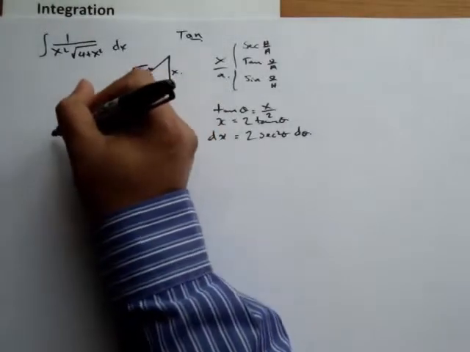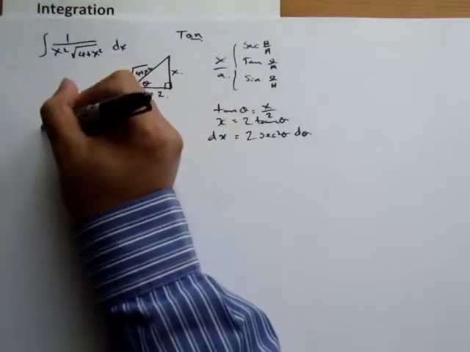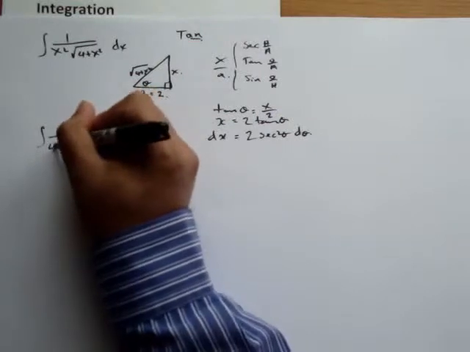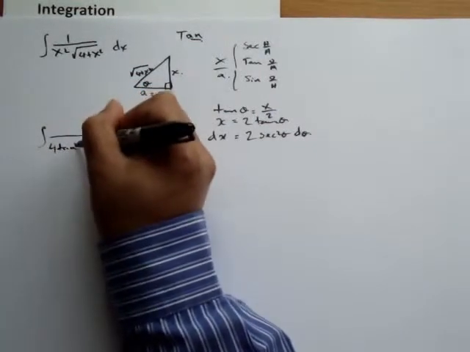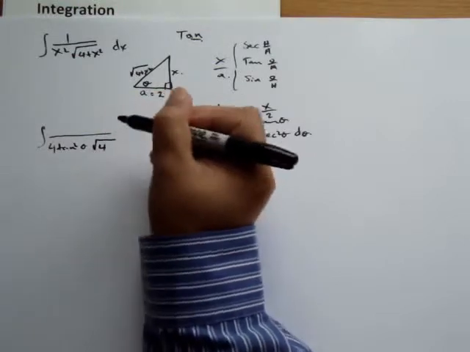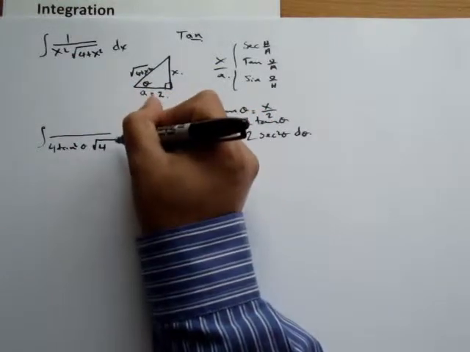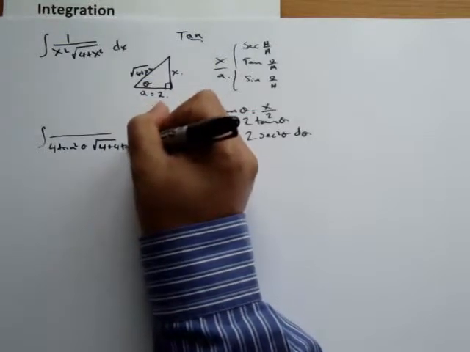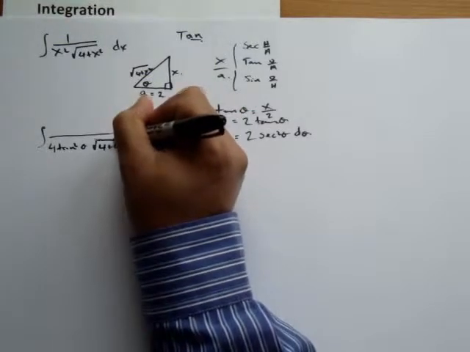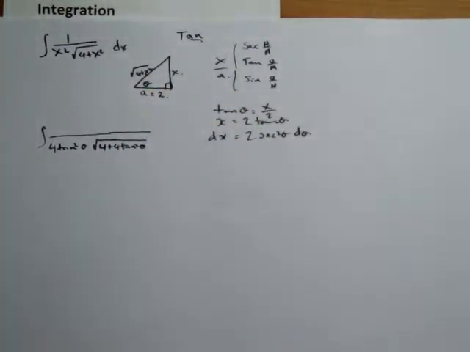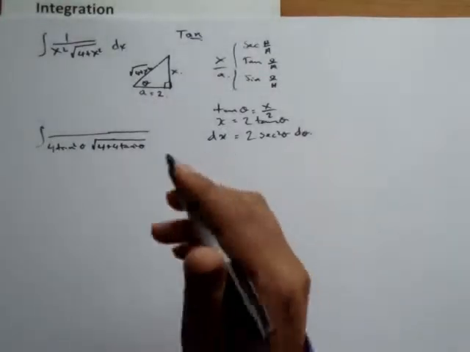So on the bottom, let's do the bottom first, we have the integral of x squared, which is 4 tan squared theta, square root of 4, and then x squared is 4 tan squared theta again, and on the top we have dx, which is 2 sec squared theta d theta.